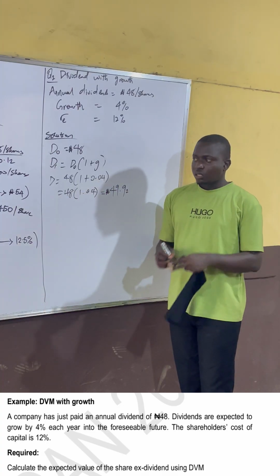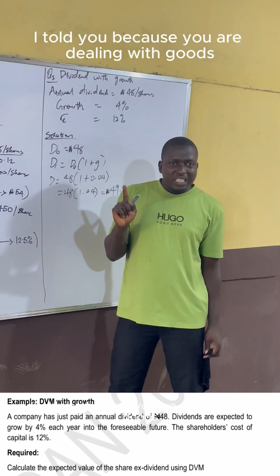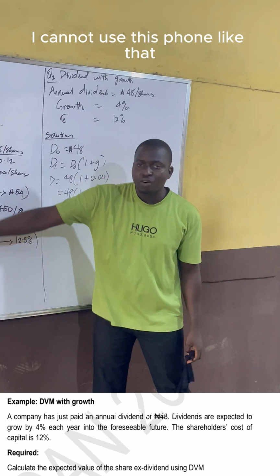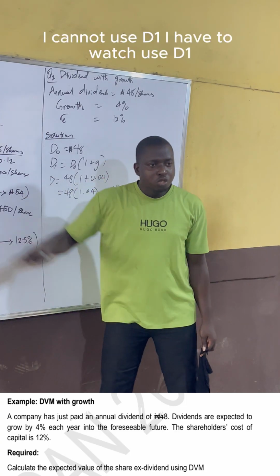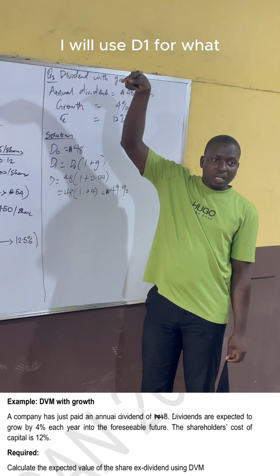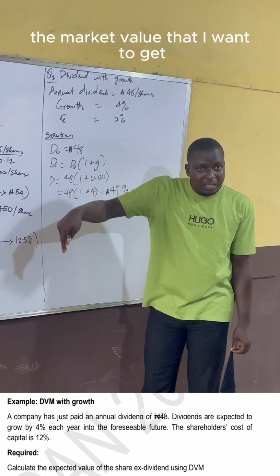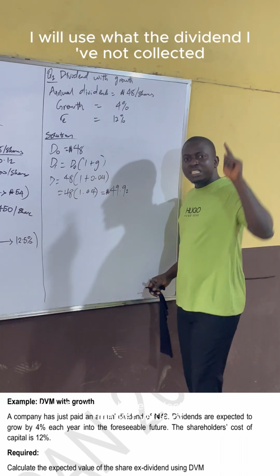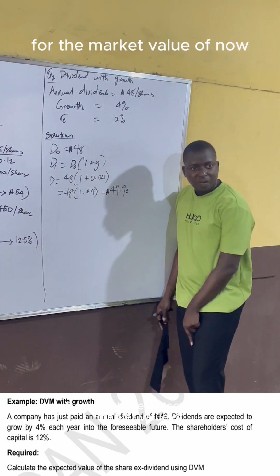Now, I told you, because we are dealing with growth, I cannot use this formula like that. I will use D1 for the market value that I want to get, the dividend I want to collect for the market value of now.